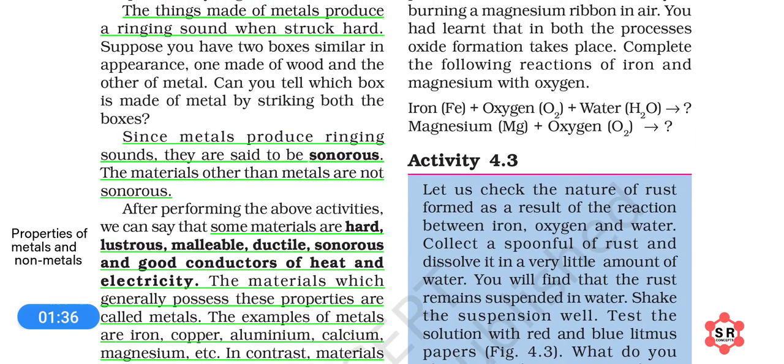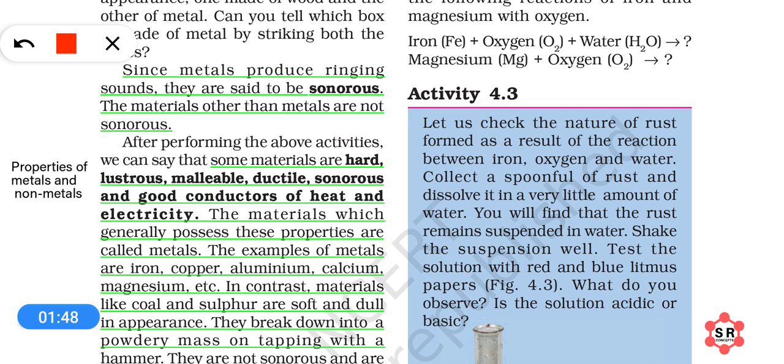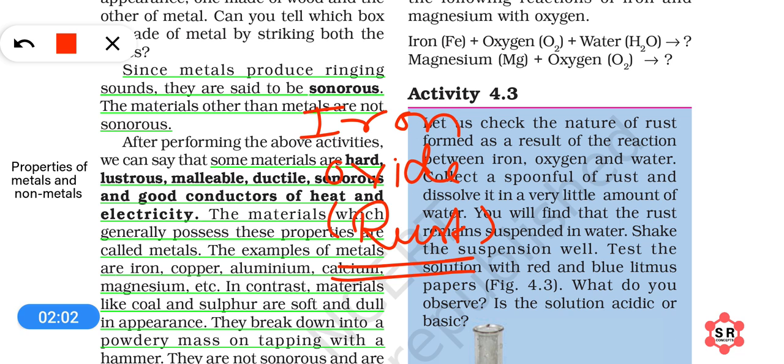Activity number 4.3. In this activity, we will take rust, that is iron oxide. Iron oxide is called rust. And this iron oxide is formed when some metal article is left exposed to humid air.